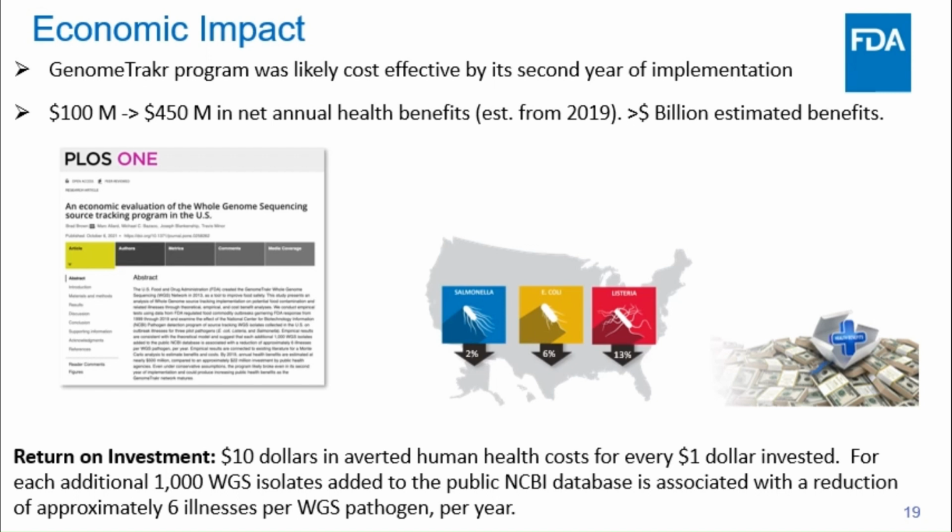And by actually measuring the salmonella, we reduced the burden of illness by 2%, and 6% for E. coli, and 13% for listeria. And like I say, today, if we fully watched these numbers, we're probably closer to a 20% reduction of listeriosis in the U.S.